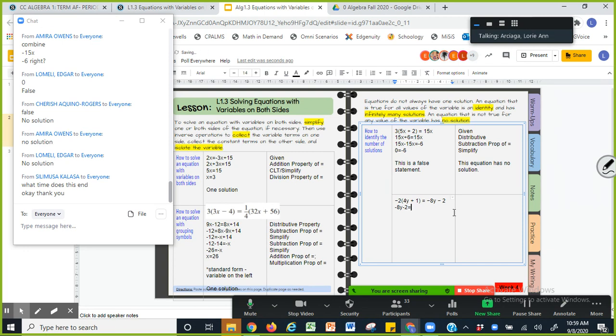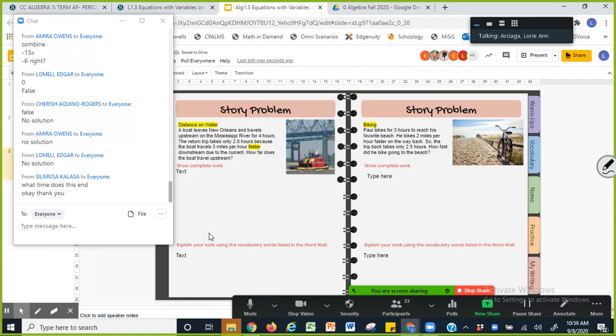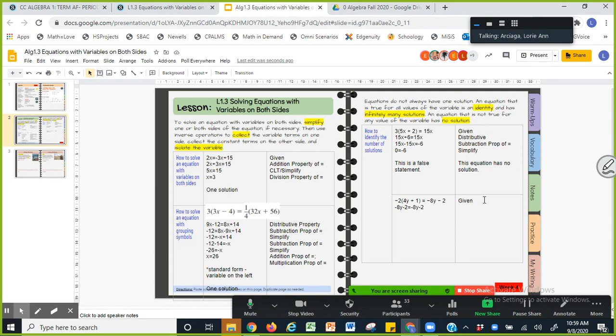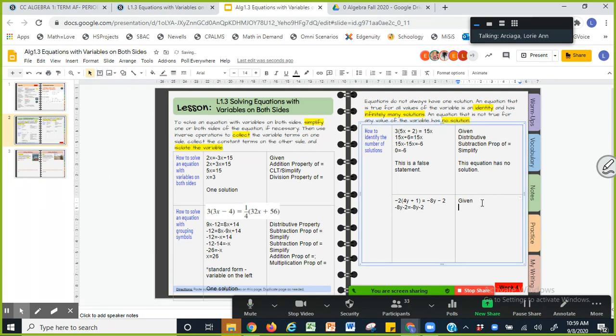Oh, what happened here? We wrote the same thing twice. So this is the given, and then we use the distributive property. We ended up with the same result.